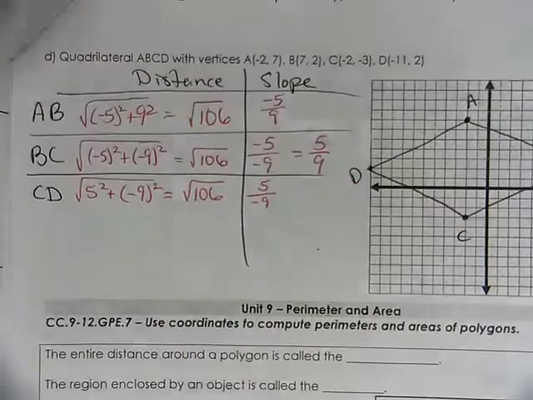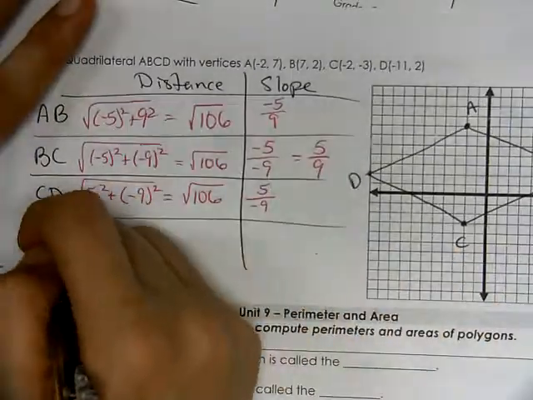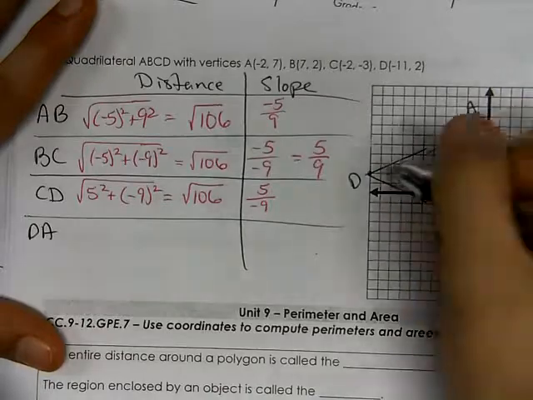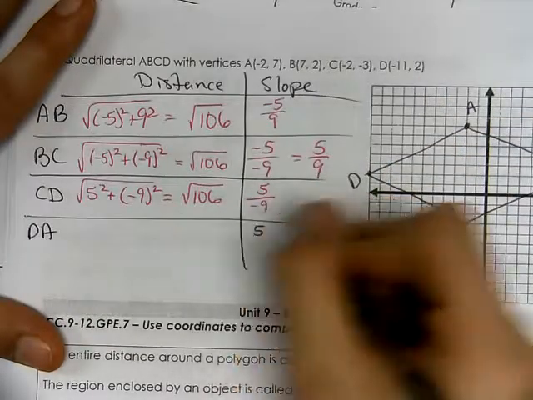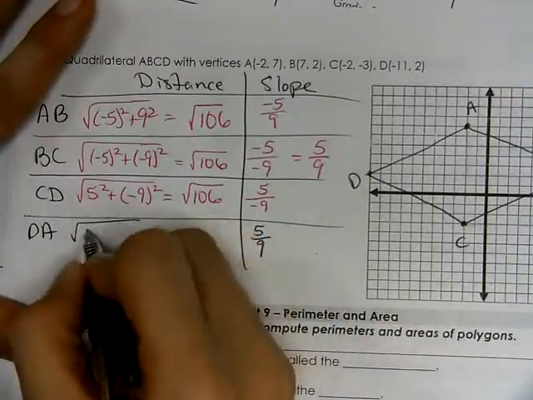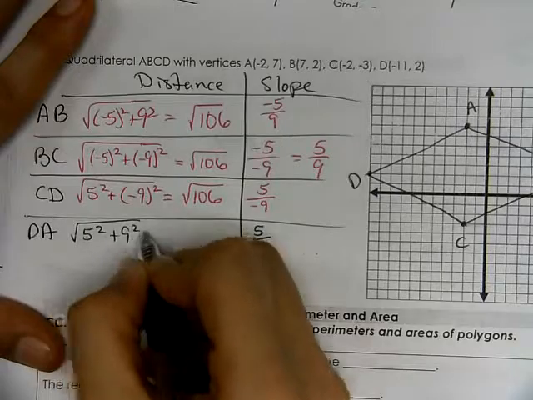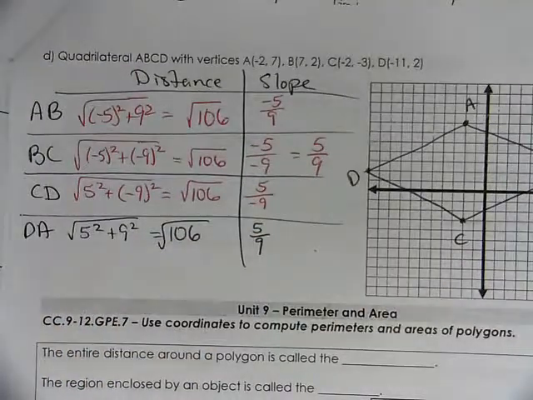So that's square root of 106 again. And then D to A, up 5, to the right 9, so positive 5/9. So 5 squared, 9 squared. Everybody always forgets to put the square root. Don't forget to put the square root.